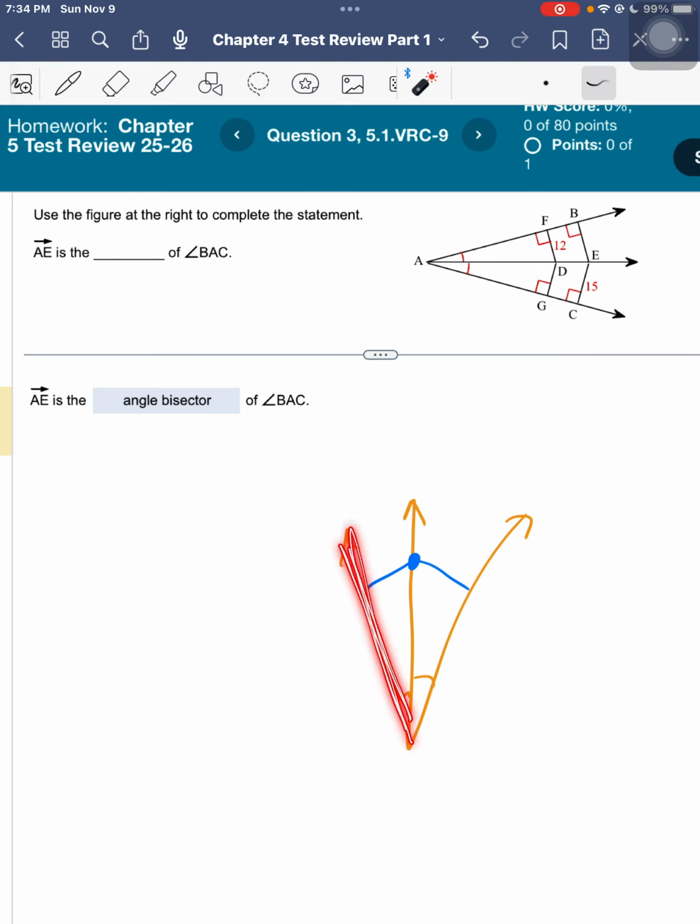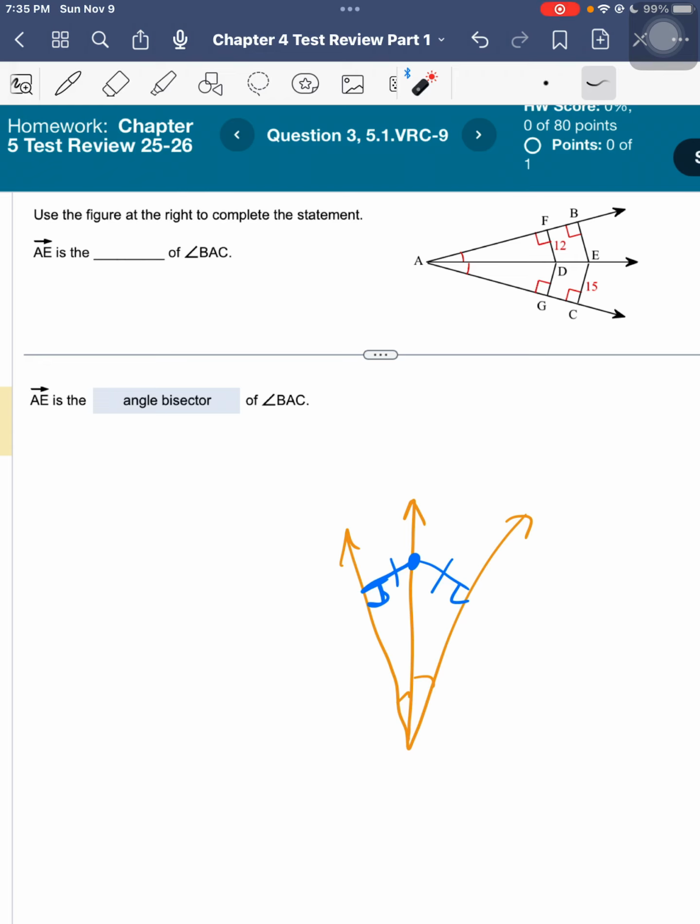This is the side of the angle, and this is the other side of the angle. It's going to be equidistant to it at a perpendicular angle. So this distance and this distance are equal. And if we see here, FD is 12, so DG is also going to be 12. EC is 15, so EB is also going to be 15.